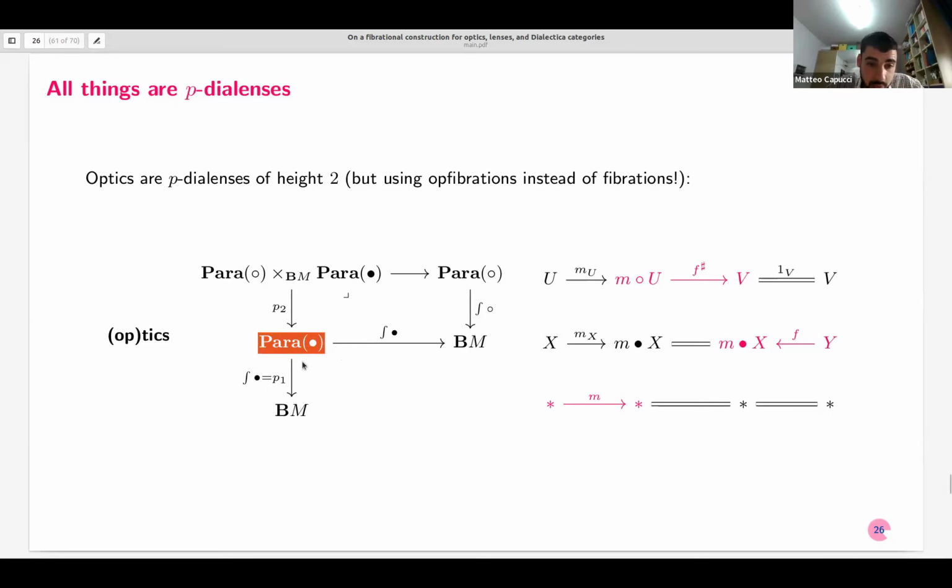Para is op-fibered over it, which means that if you have a parametric morphism, you can project away the objects and then project the parameter of the morphism below.